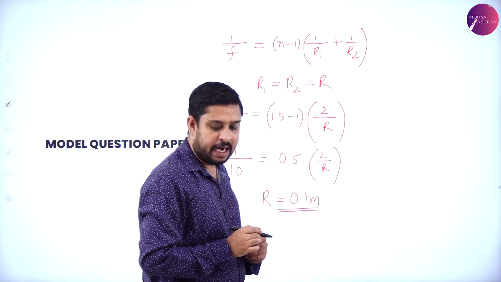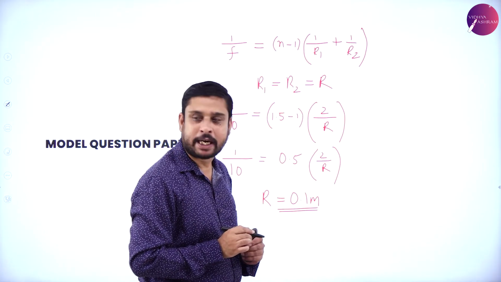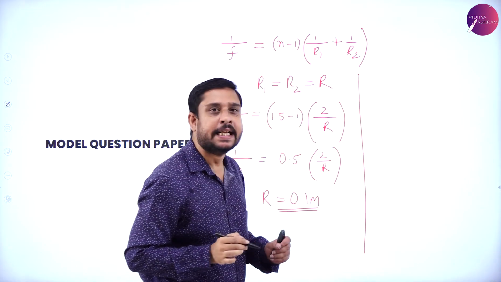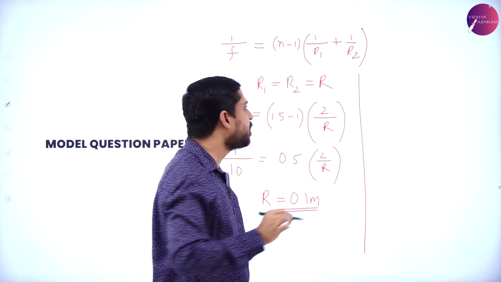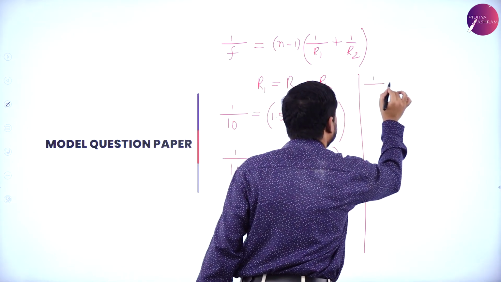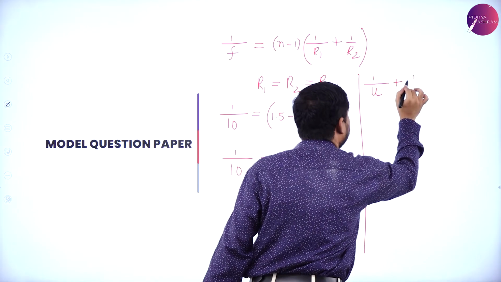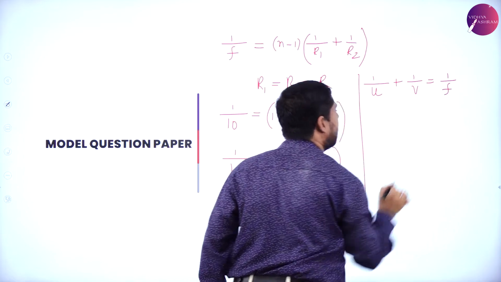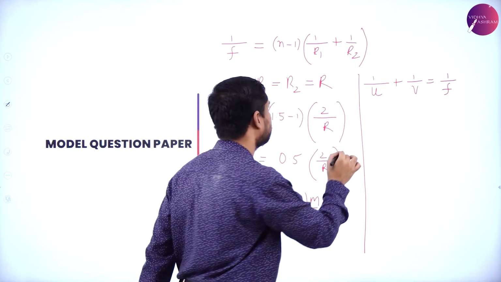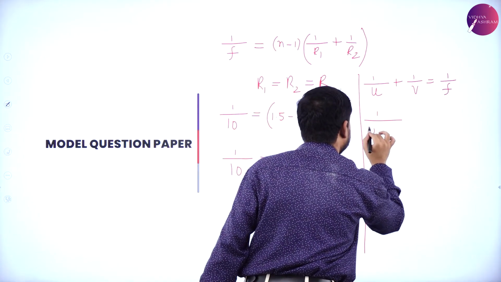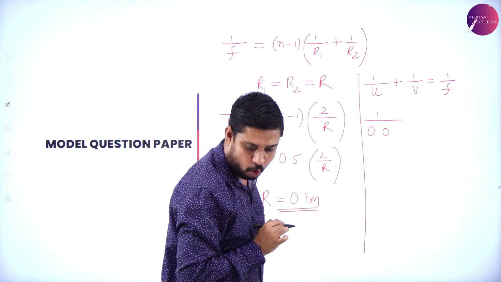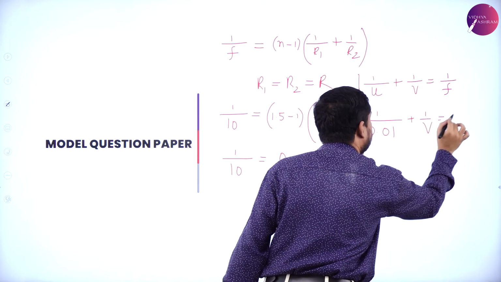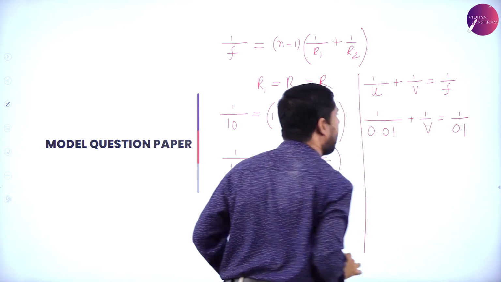Now, I will have to find the focal length, which is given, the nature and position of the image. So use the lens formula. 1 by u plus 1 by v is 1 by f. 1 by 0.01 plus 1 by v is 1 by 0.1.